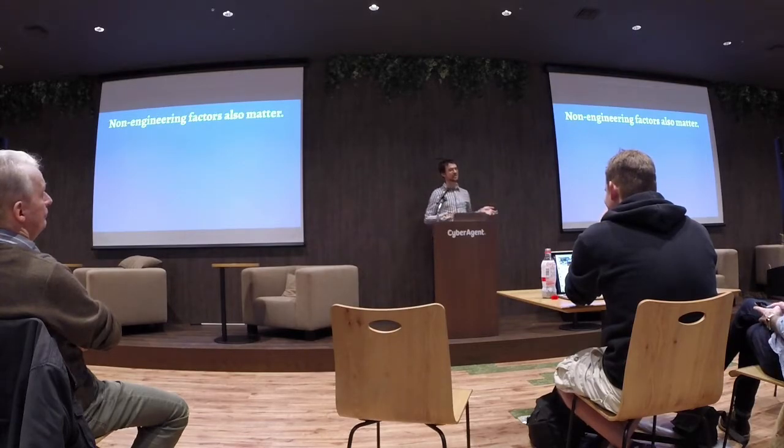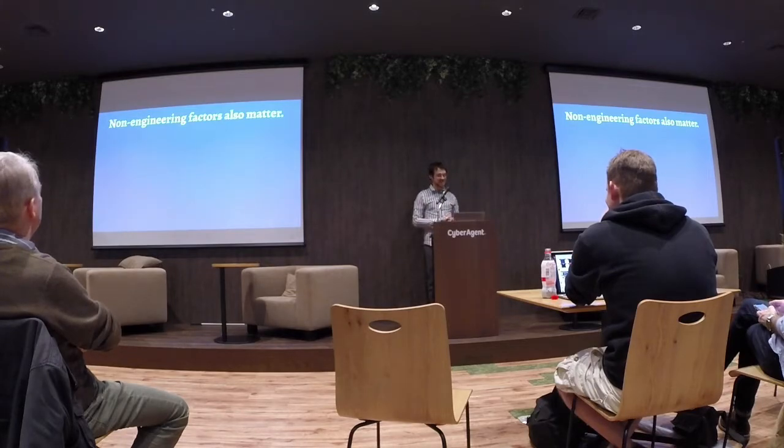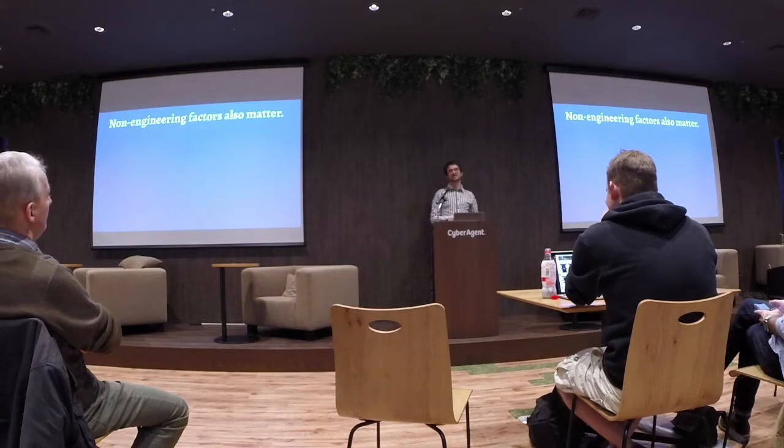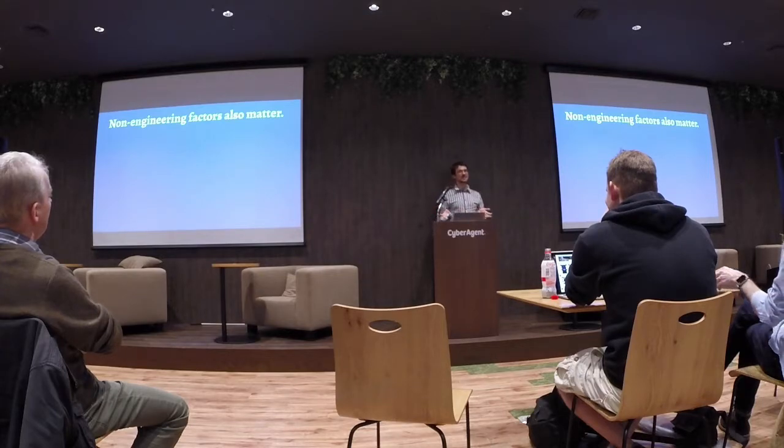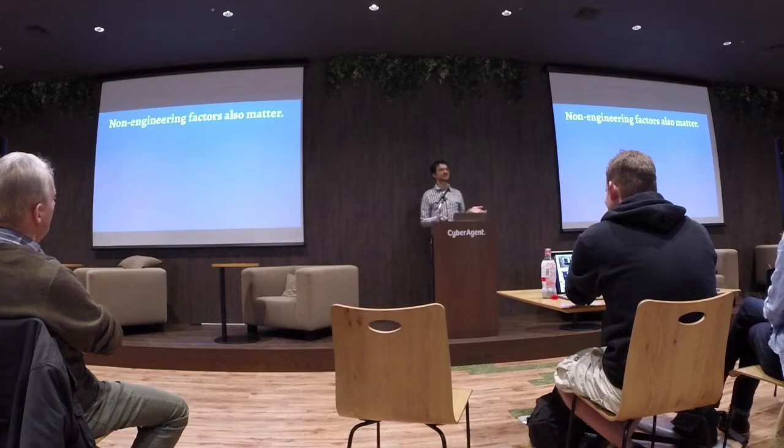Another thing to consider when developers are making apps is that oftentimes non-engineering factors also matter a lot in app development. I often talk about how the social structure of a company is as important to the bottlenecks in development, or to what choices engineers might even need to make, as other things.